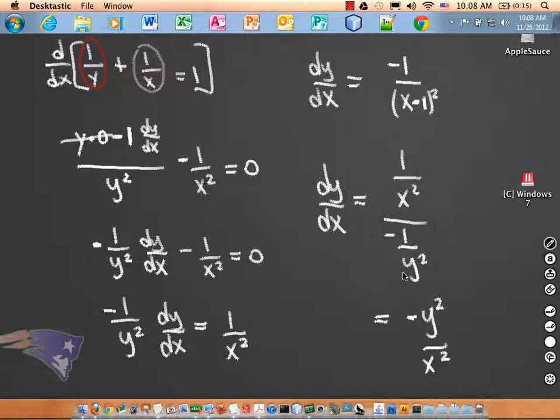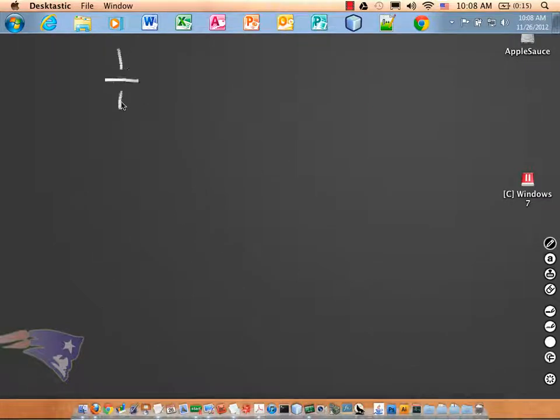Now, Ralph's answer, what's the difference between Ralph's answer and this one? Ralph's is explicit. So what Ralph probably did is he solved this equation for y. Let's save this for just a second. Let's take the original equation, 1 over y plus 1 over x equals 1. What's our first step in solving this for y? Multiply by xy everywhere.